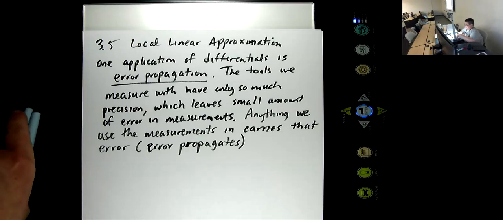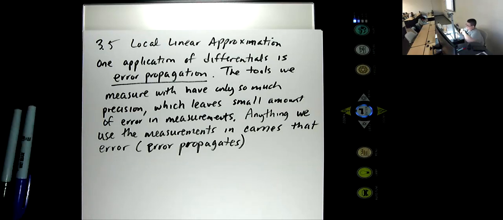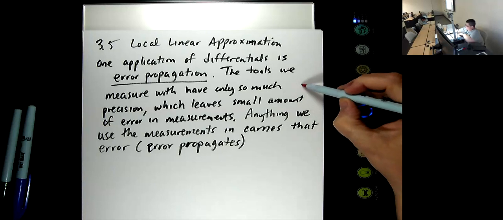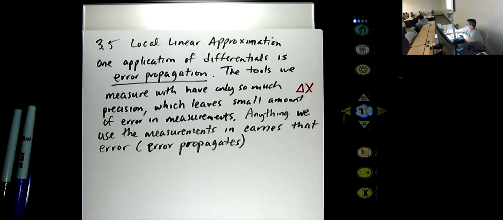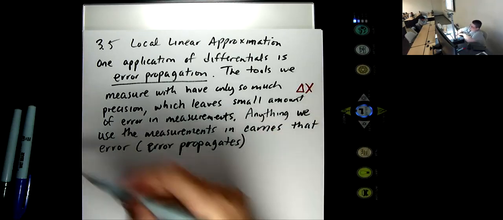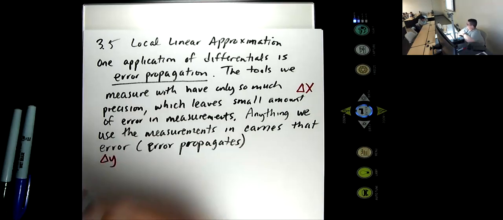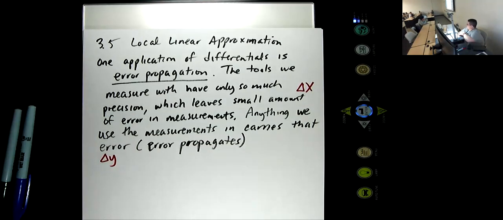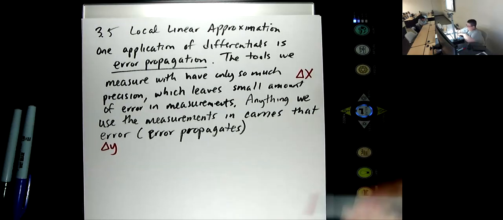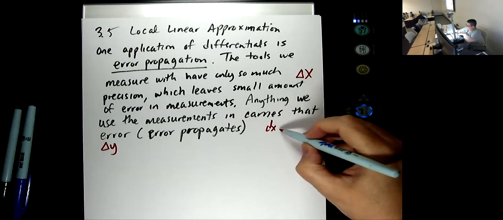Now, usually our error in measurement is going to be something like a delta X. If we're using X and Y, our measurements are in X, but our calculations are in Y. The error propagates over here to something as delta Y. Or effectively dx and dy.